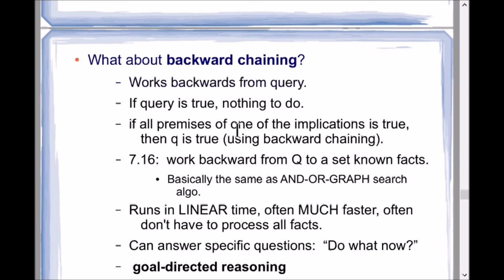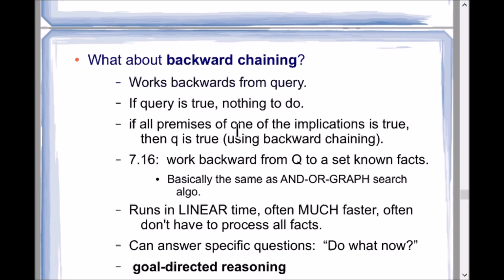Now, if all of the premises of the implication are proved to be true, then Q itself is true, right? So you start off with the thing that is meant to be proved, and then you search your knowledge base for implications where their conclusion matches Q. And then you examine the premise part of the implication. You say, well, are all those true? Yeah, okay, cool. Then we're done.